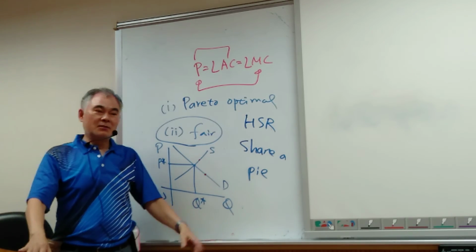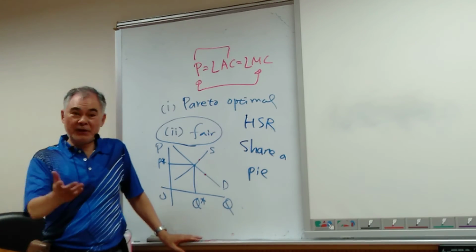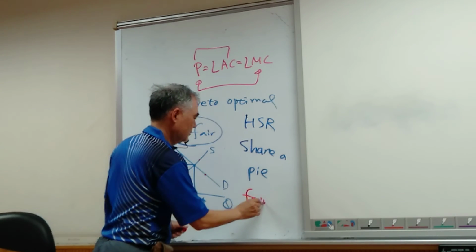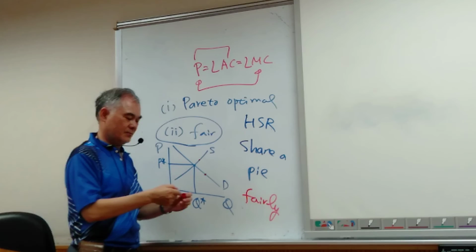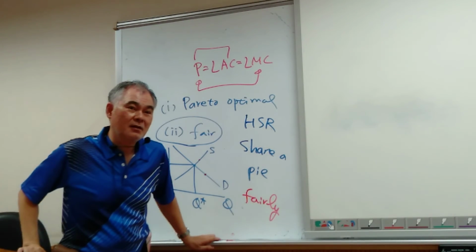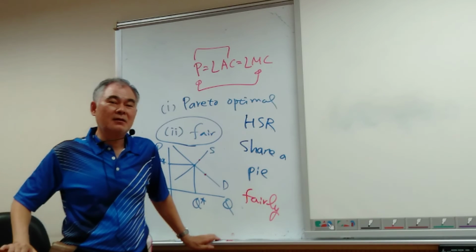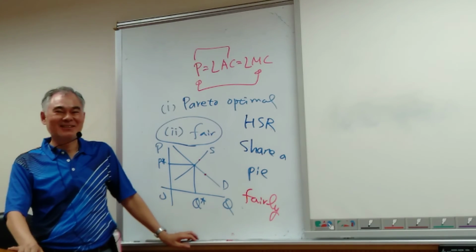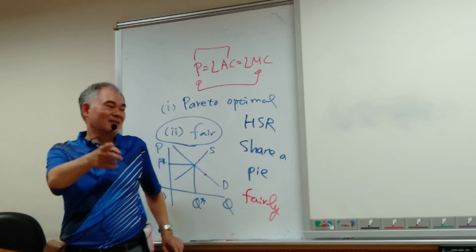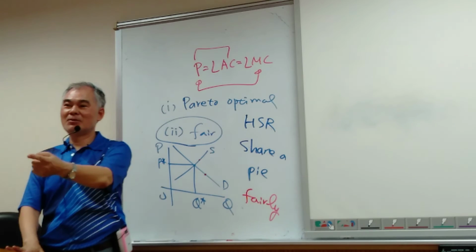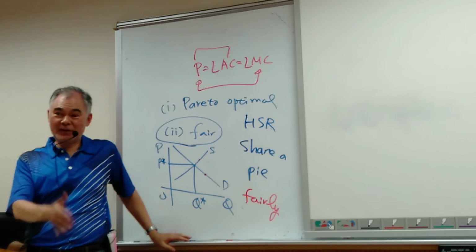So how to share a pie fairly? 自己一个人吃。 Excuse me? Louder. 自己一个人，够公平的吗？ You're ambitious. Okay, so he said he should have it all. 谢信佑, how to share a pie fairly?